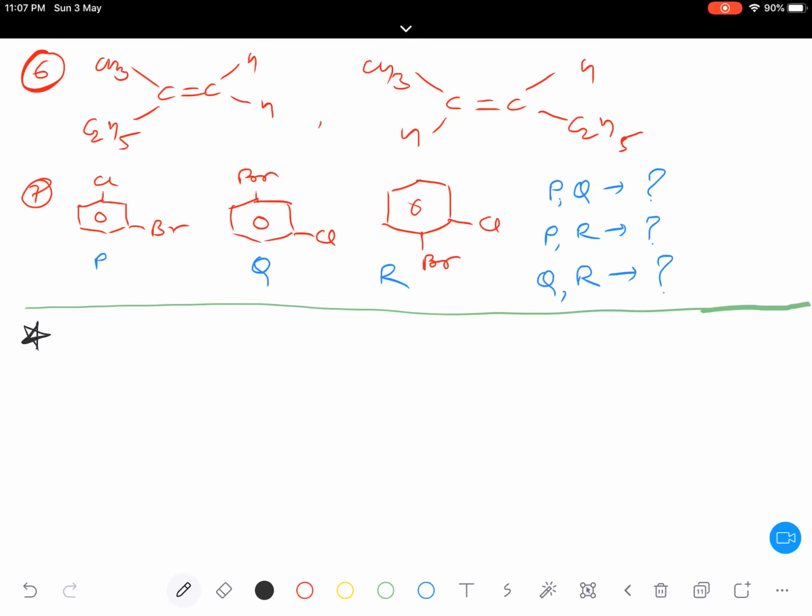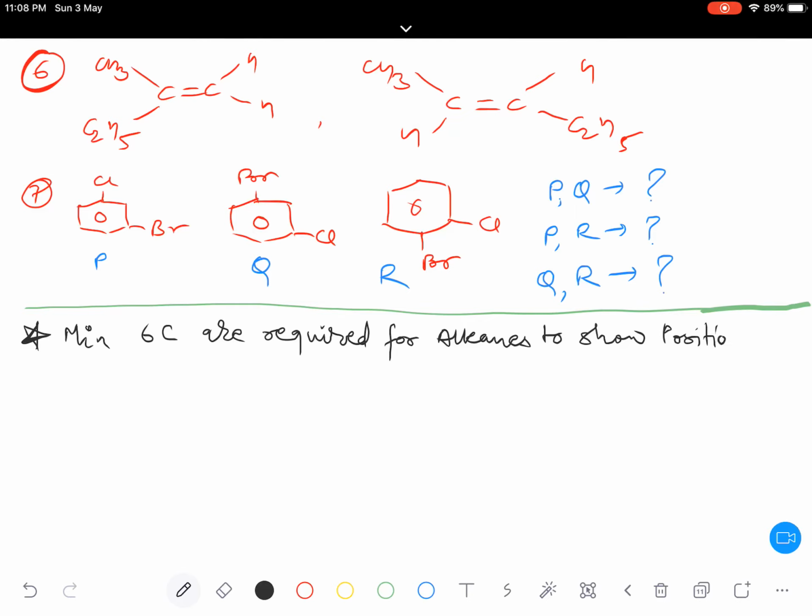I'll make one star mark and write: minimum 6 carbons are required for alkanes to show position isomerism. Try to remember this one. Okay, try to remember this particular part.